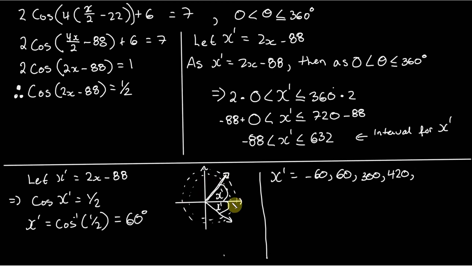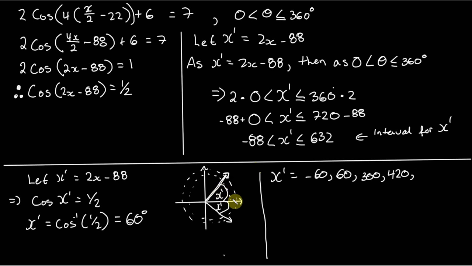So we come all the way back around again. That's 720. 720 minus 60, no, because we've got 360, and then 360 plus 60 gives us our 420.